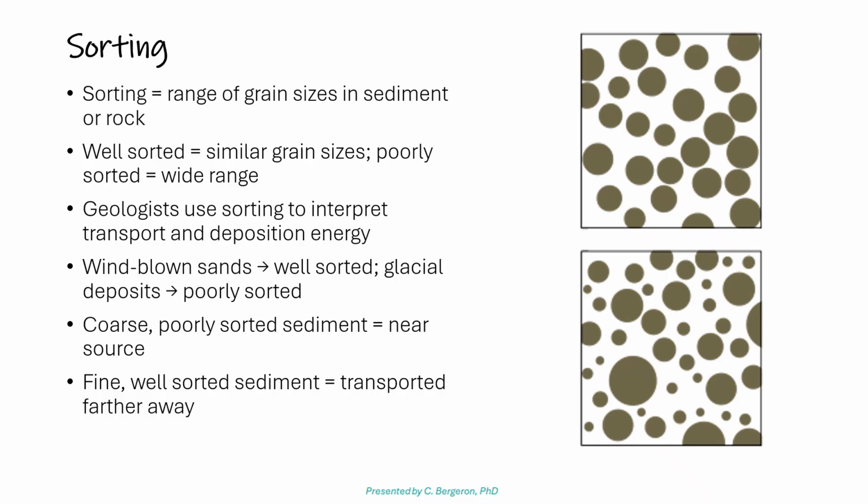So if we're looking at this one here, we would say this one is well sorted, and this one here is poorly sorted. If you have a wide range, a lot of different grain sizes, that's poorly sorted. If you have grain sizes that are pretty similar, very close, that's well sorted.